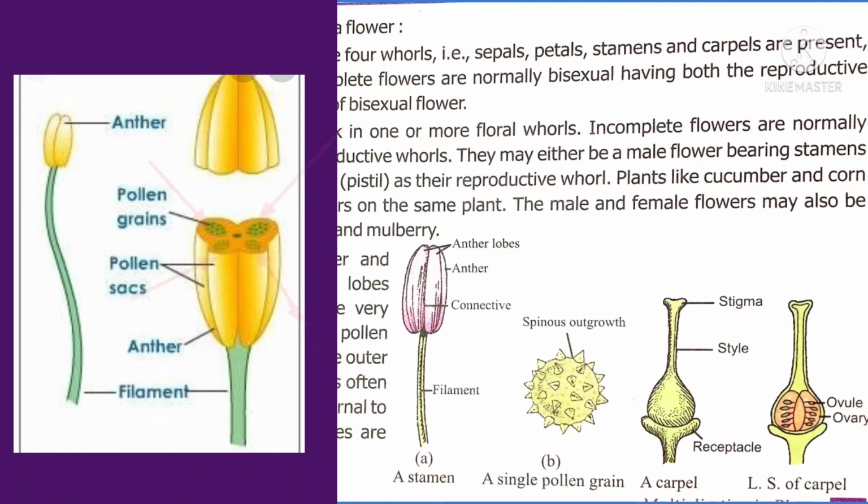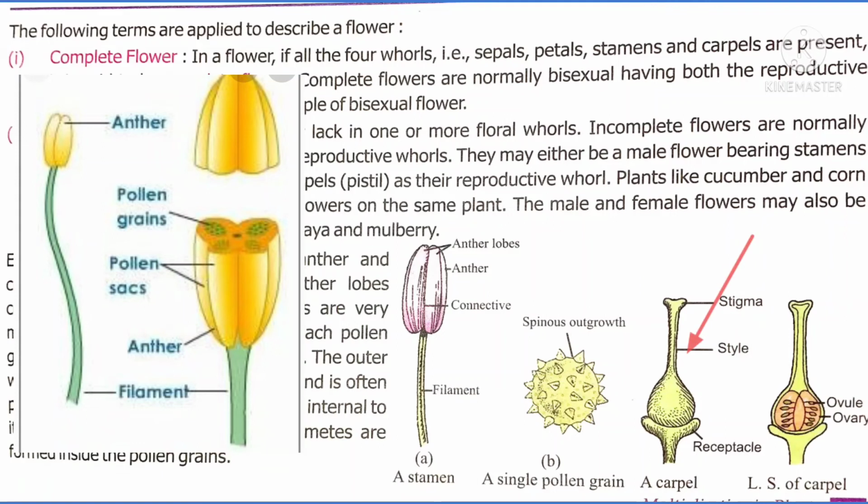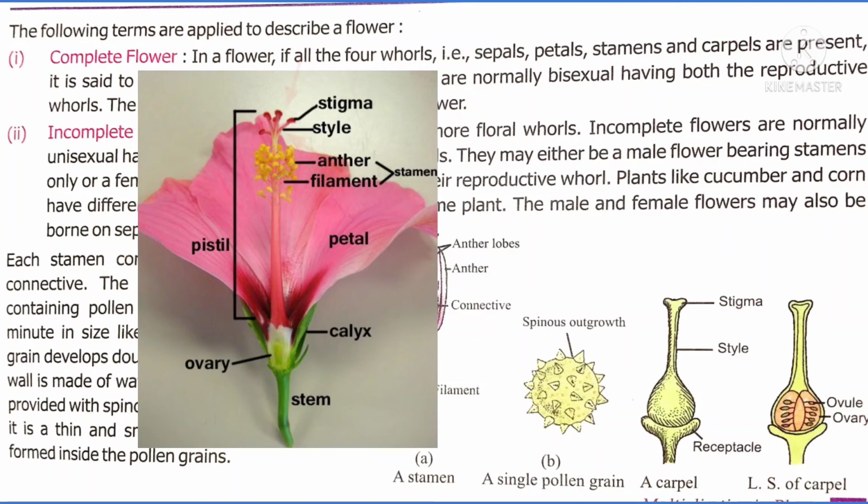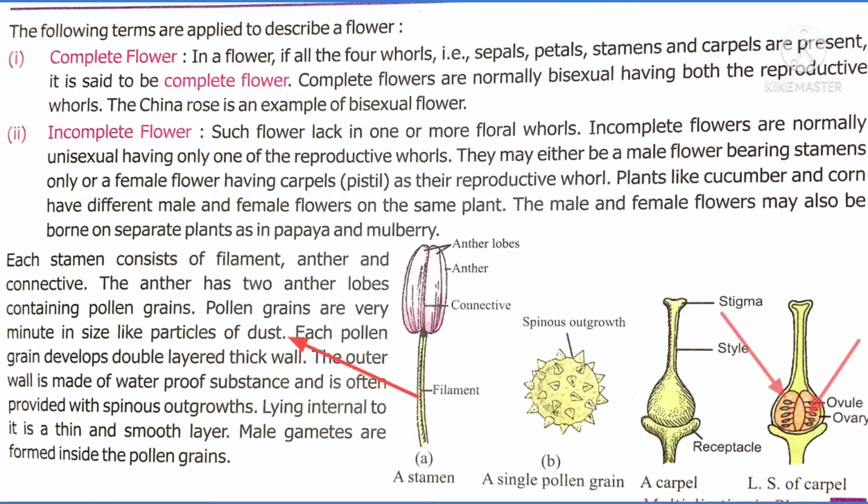When we see the female part of a flower, the carpel, it has three major parts: stigma, style and ovary. Inside the ovary, there are one or more ovules, which produce female gametes, or eggs. The egg is called the female gamete. So the male part of the flower, the stamen, has major parts like the anther, inside which are pollen grains containing male gametes.